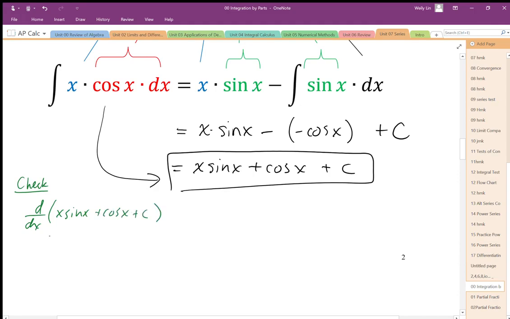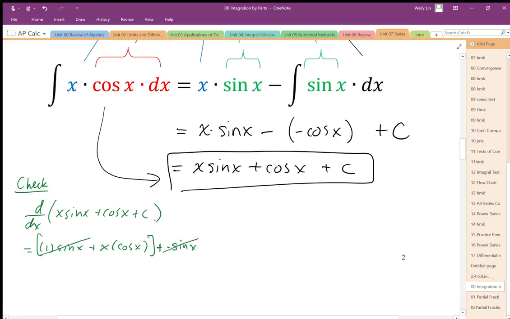The derivative of that is going to end up being 1 times sine x plus x times the derivative of sine, which is cos, so x cos x, plus, there's my product rule here, the derivative of cos is negative sine, so negative sine x, and the derivative of plus c is 0.